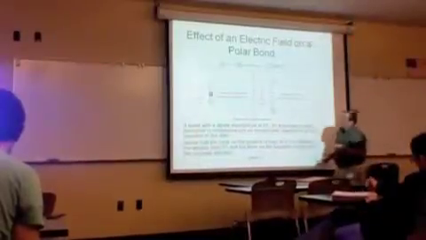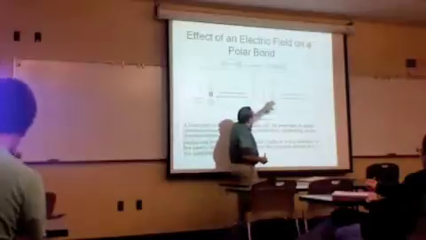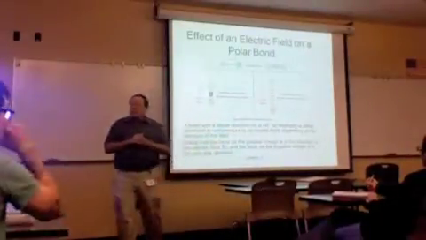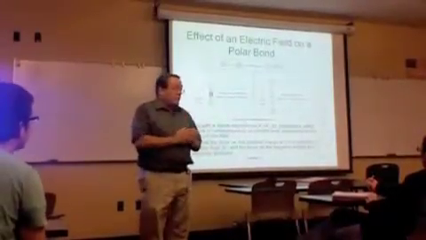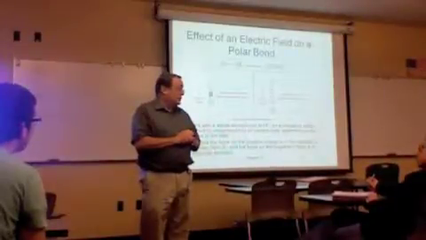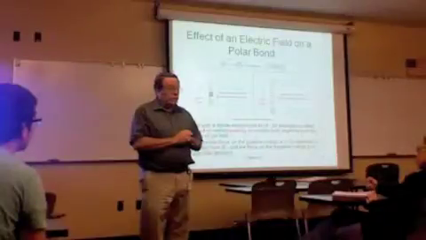So here's the electrical field oscillating. Here we're in the compressed mode, here we're in the expanded mode. The bond itself needs to have some charge separation in order to be excited by that cycling. If the bond is perfectly nonpolar, it's not going to show in the infrared. So what kinds of things would be perfectly nonpolar?